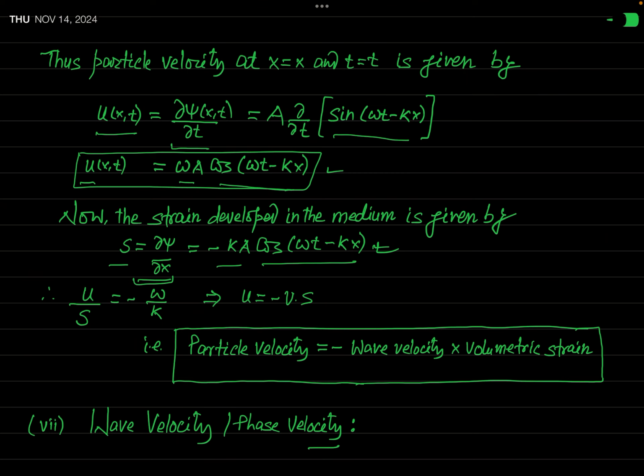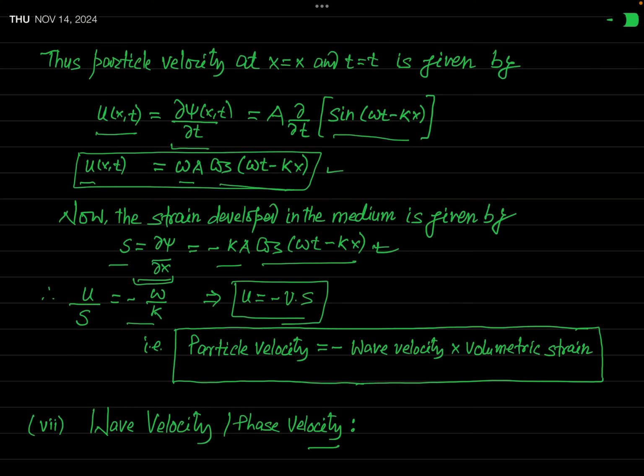This A times cosine of (omega t minus kx) will cancel out, and the remaining factor is minus omega over k. But omega over k, you know, this is v, which is called phase velocity or wave velocity. So u is equal to minus v times s.